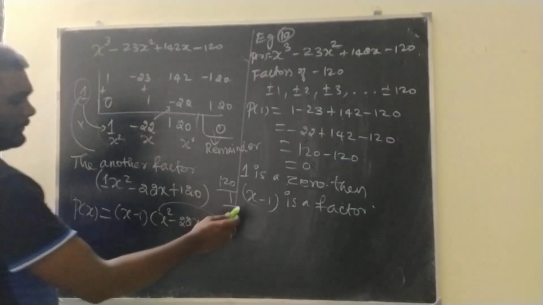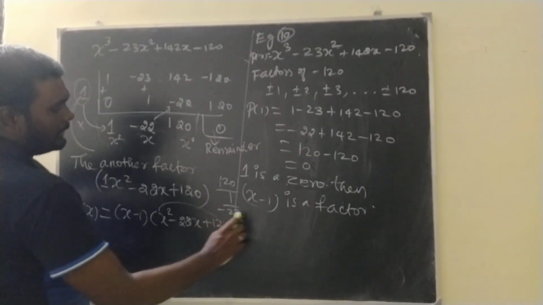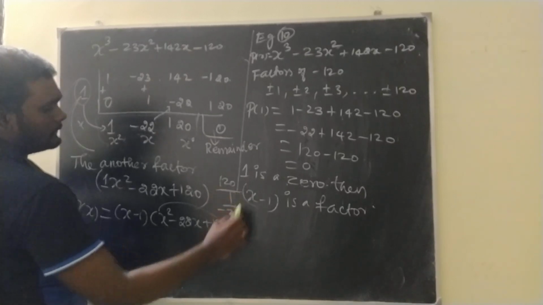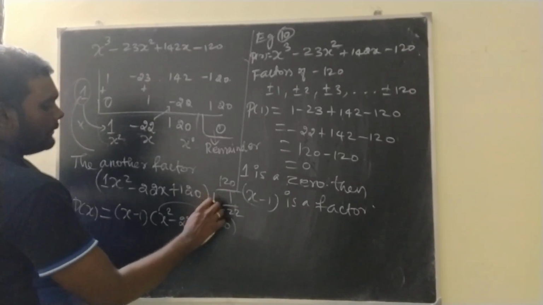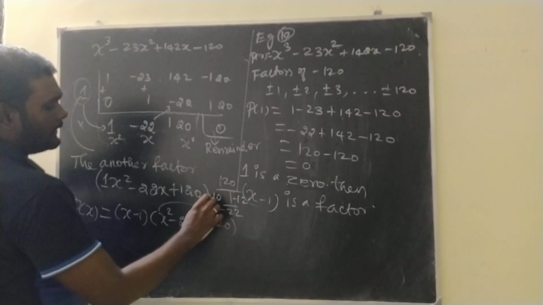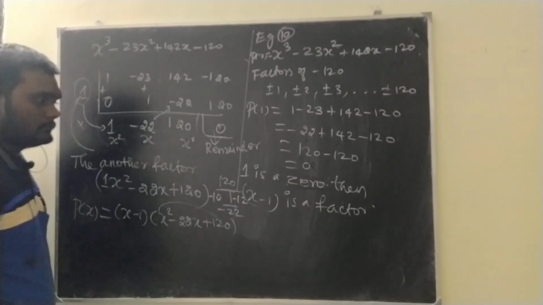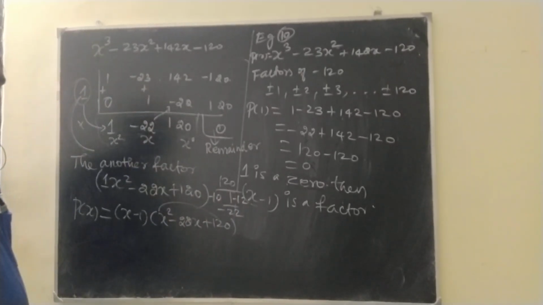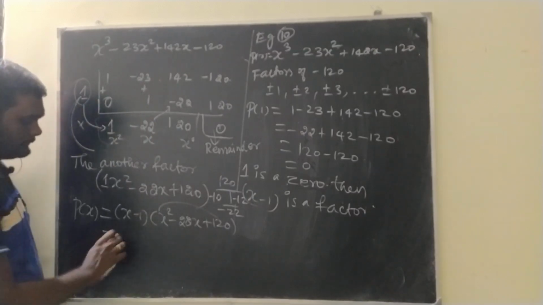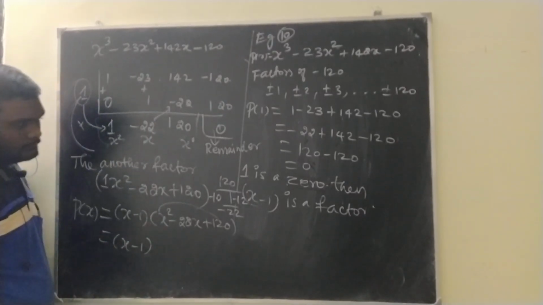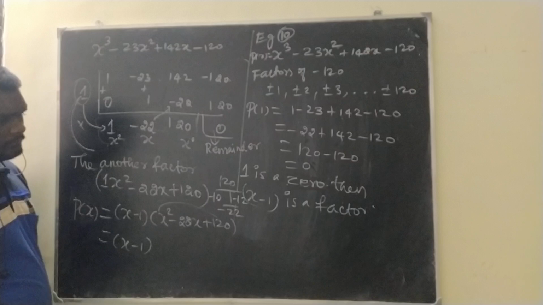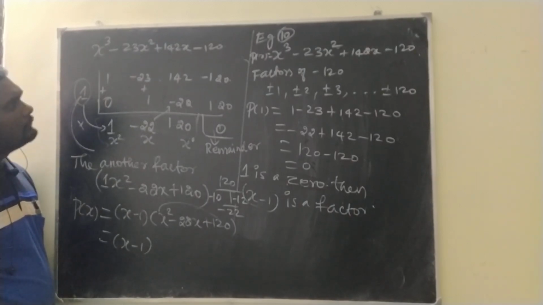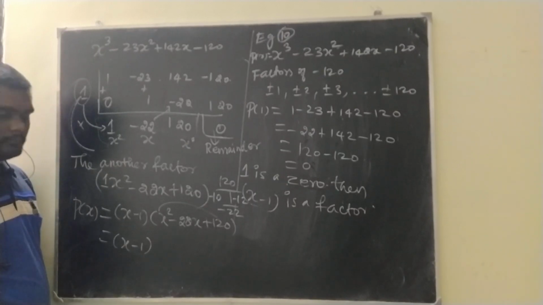By multiplication 120, addition minus 22: 10 times 12 obviously, minus 10 minus 12. Shall we? 28? Why 28?